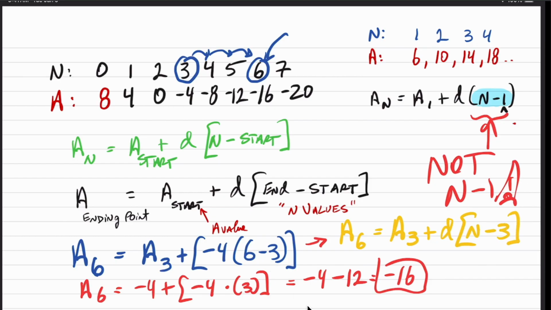Look at that. Look how different that is. It's because we're starting at 3. And n minus 3, in this case 6, is going to give us the number of steps that we multiply by the common difference, and we add that to the amount of our starting point.